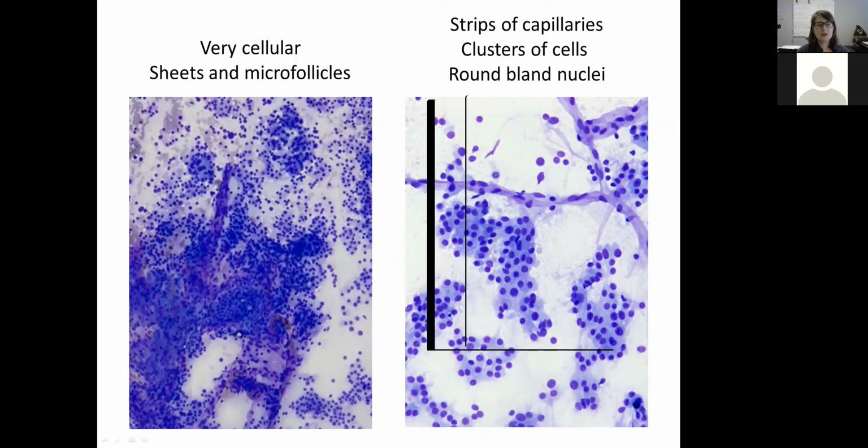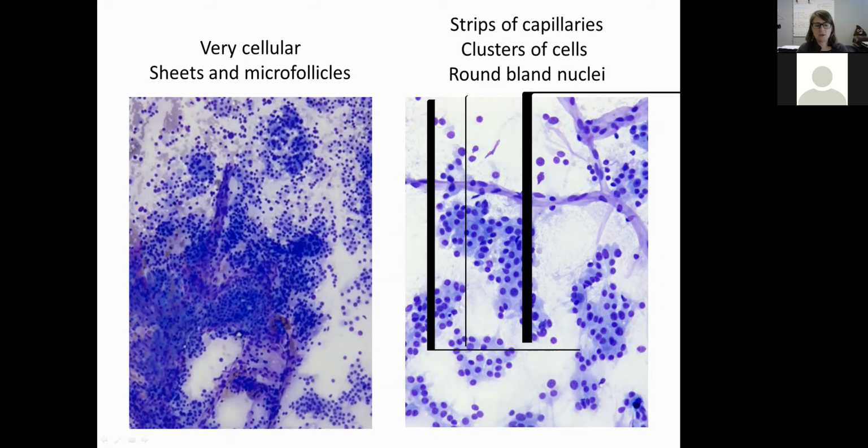The best difference between a FLUS with microfollicles and a follicular neoplasm with microfollicles or clusters is the amount of cells. It's just the amount of cells present on the slide. In this case, there are very many more cells.